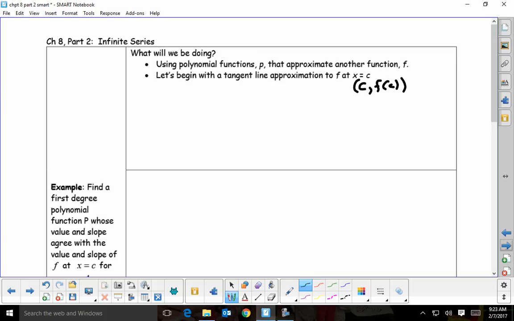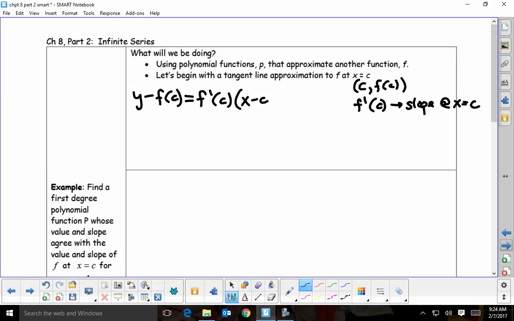Okay, so we need to find f prime evaluated at c, and that gives me my slope at x equals c. Okay, and then what equation do I start with? Okay, y minus y1, which is f of c, equals the slope. And that's what we would use.